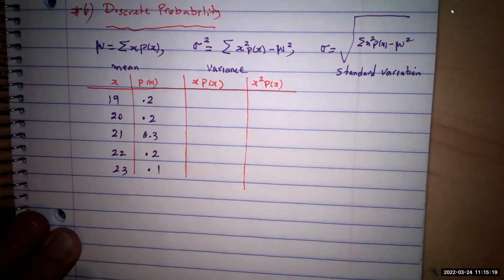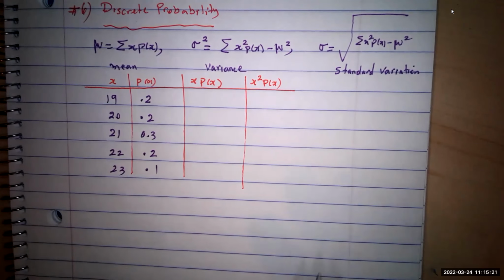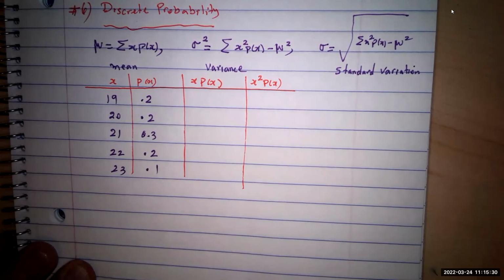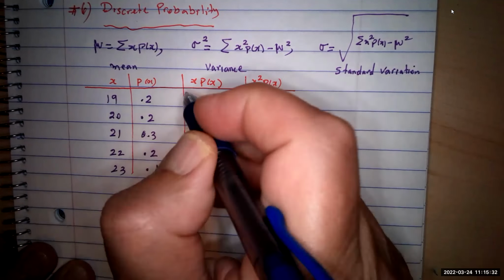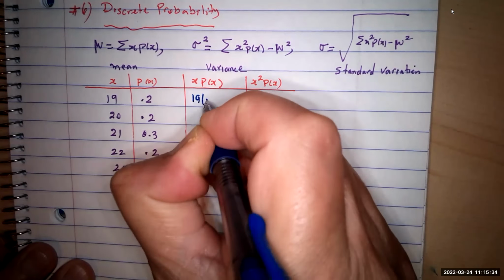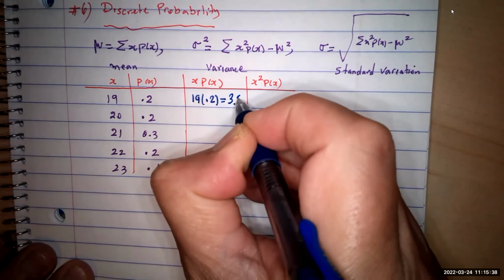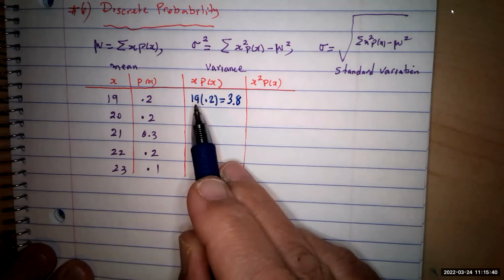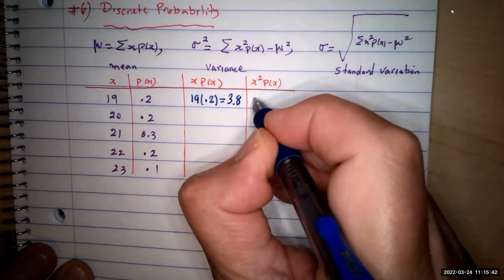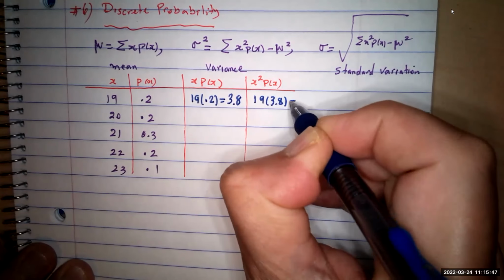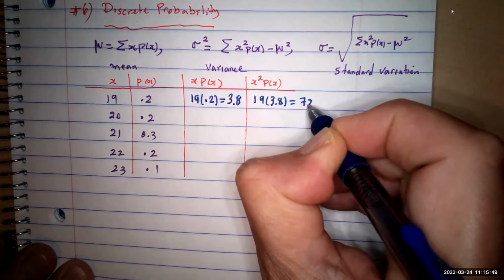This is given to you, it always would be given. You don't have to check it, it's already been checked, it's probability. So you multiply these 2 together to get the numbers here. 19 times 0.2 gives 3.8. You multiply by another X again, so 19 times 3.8 gives us 72.2.